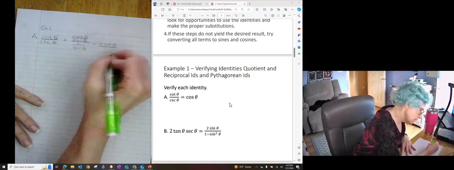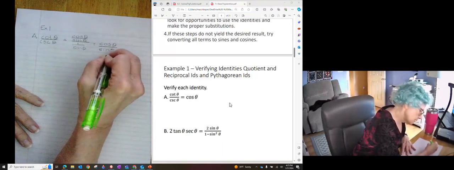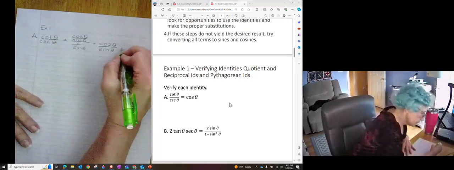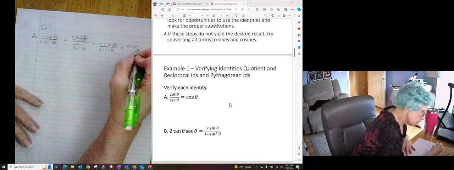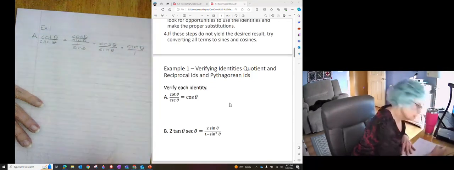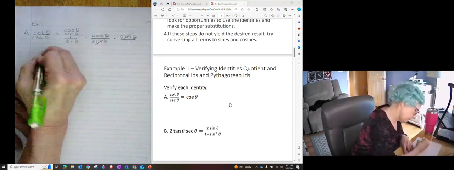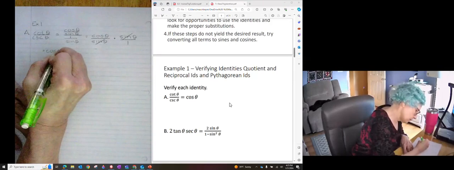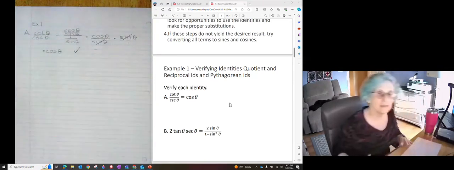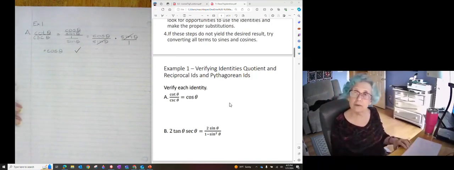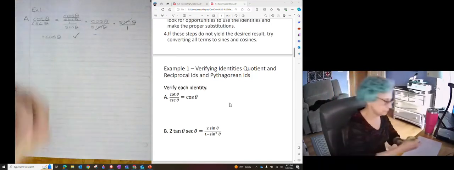So this is cosine over sine divided by 1 over sine, which is the same thing as multiplied by sine over 1. And then I put a nice check mark next to it to show that I have indeed verified that identity.